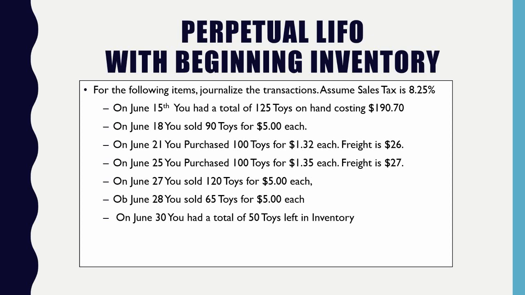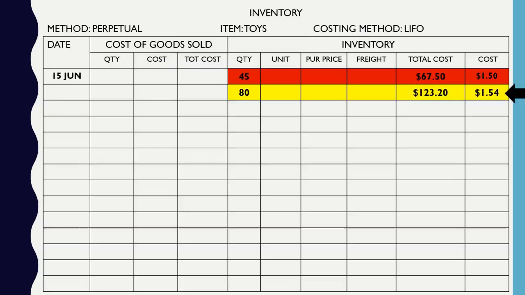So then on June 18, you end up selling an additional 90 toys. Okay? So in this case, we only have 80 in my yellow batch and we only have 45 in my red batch. So therefore, I have to take out 80 from my yellow batch and then take my remaining 10 from my red batch. So I'm dipping into both of them this time, right? And that's going to eliminate my yellow batch, making it zeroed out.